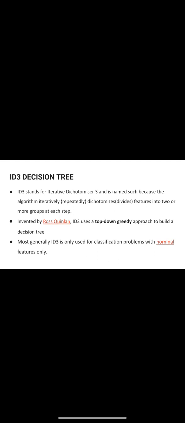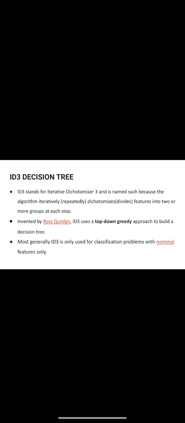Briefly, we can say that ID3 stands for Iterative Dichotomizer 3, and it is named such because the algorithm iteratively dichotomizes, that is, divides features into two or more groups at each step. This algorithm was invented by Ross Quinlan, and it uses a top-down greedy approach to build a decision tree.